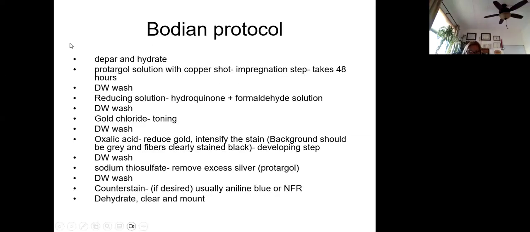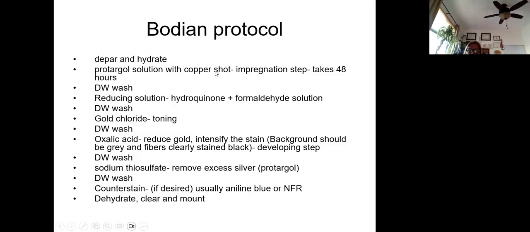So, our protocol. This is a silver stain, so we're talking distilled water. We're going to deparaffinize and hydrate to distilled. We're going to go into what's called a protargol solution with a copper shot. This is an impregnation step, and it takes 48 hours, 2 days, to complete.